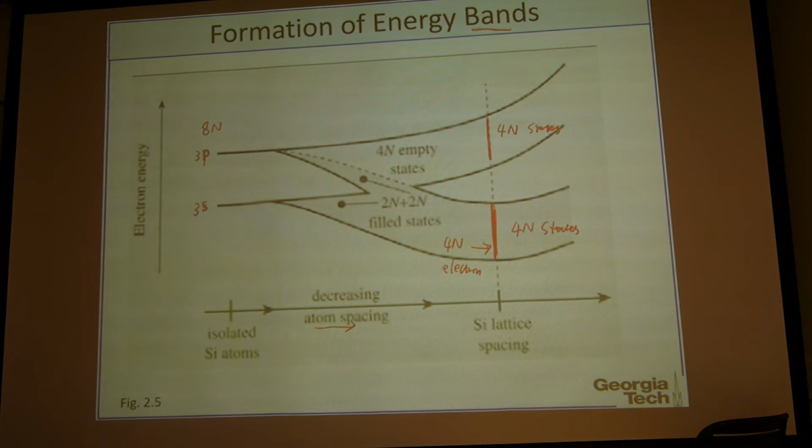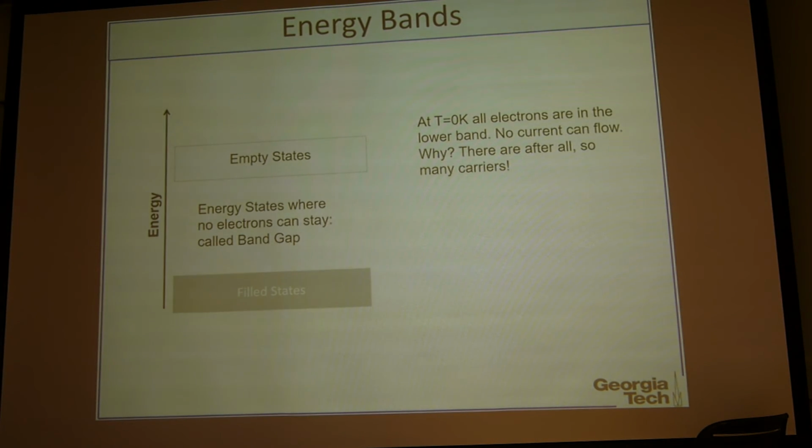Any question? Remember, the band is with respect to the energy level, so we are looking at the material from the electron energy point of view. From the energy point of view, we see those two bands separately, the lower band and the upper band, and those are the possible states for electrons to occupy.